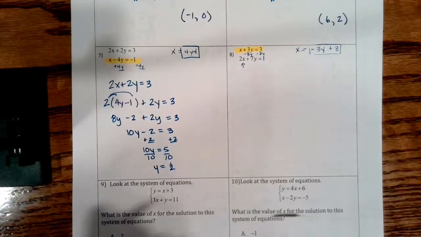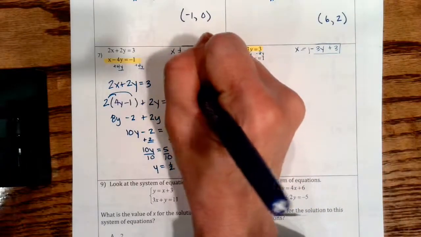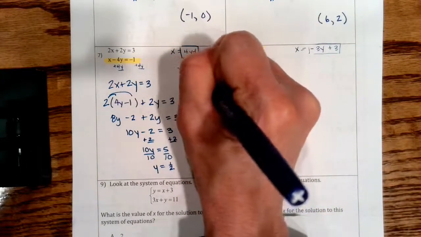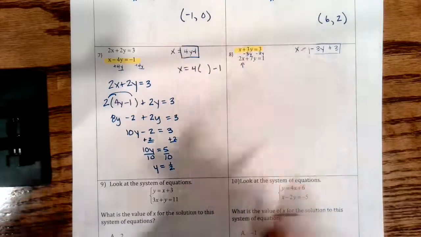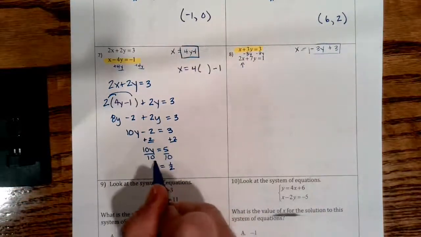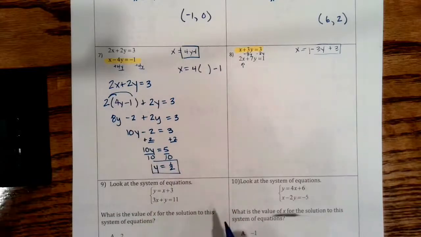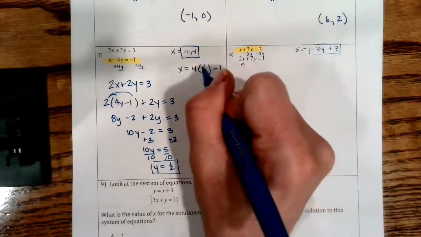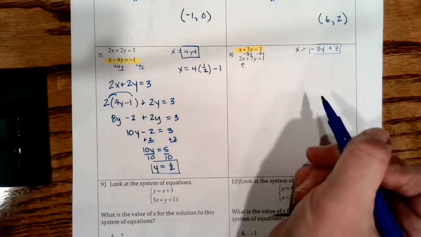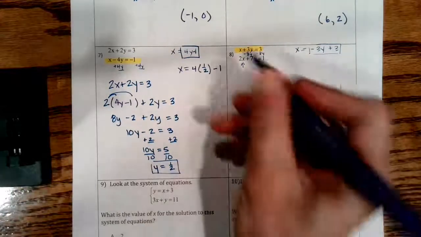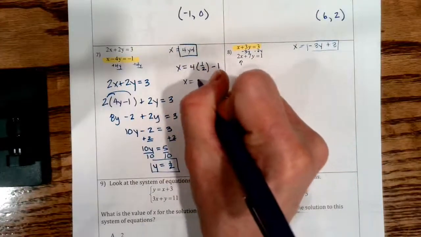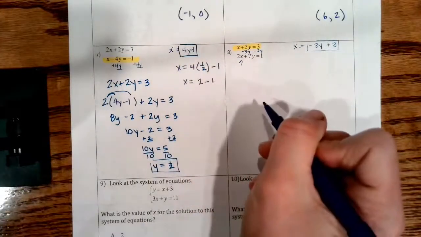I'm going to come up here and say x is equal to 4 times what I got for y minus 1. This 1/2 is going to go up in here. So my x is equal to 2 minus 1.